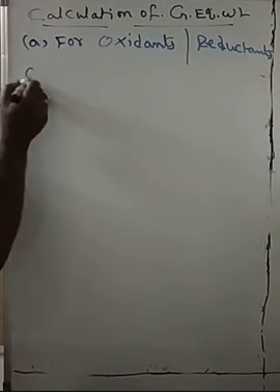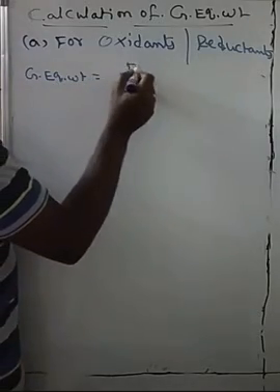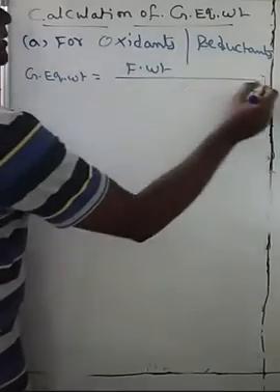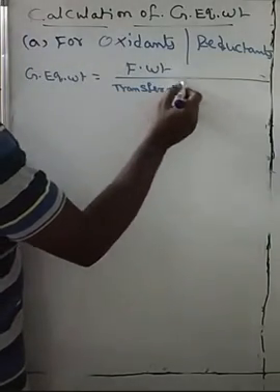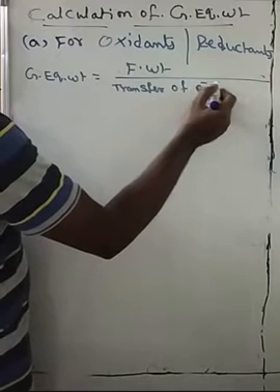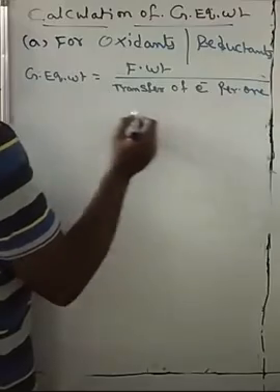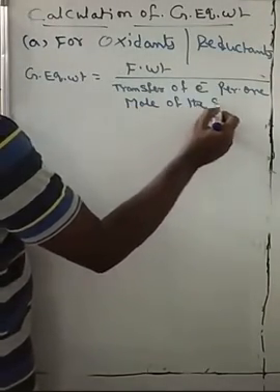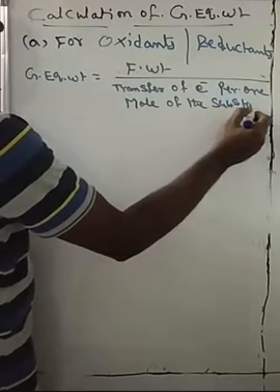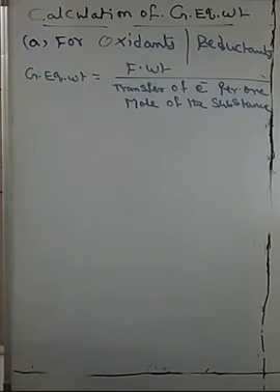In this case, to calculate by using the formula, gram equivalent weight is equal to formula weight divided by the transfer of electrons per 1 mole of the substance.